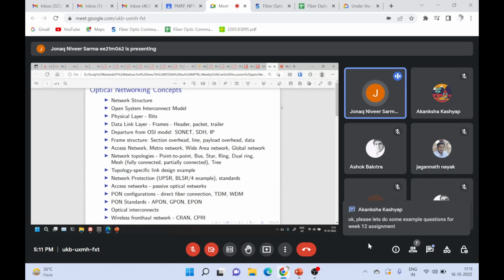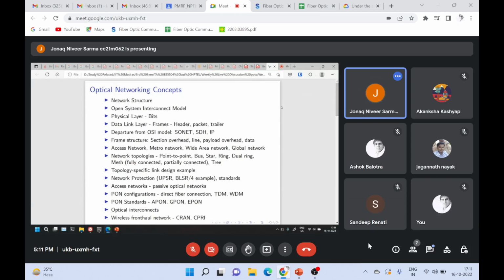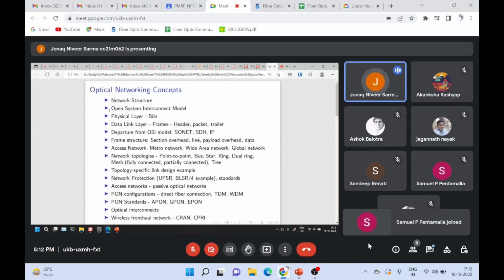We started with a brief discussion about network structure, like how core network and metro network connect. That was the image we started the course with, right? Then we talked about the OSI model, which is widely used in a lot of applications.